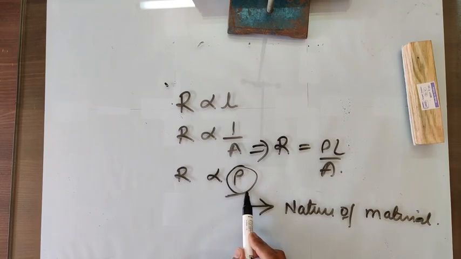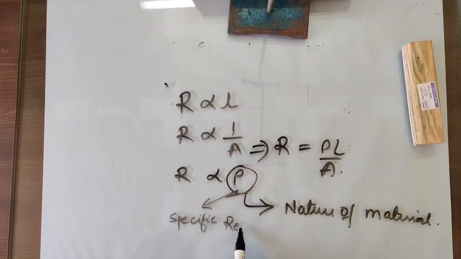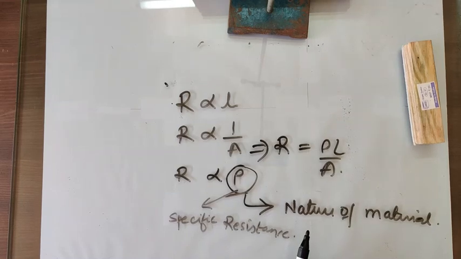Resistivity is also known as specific resistance. The resistivity or specific resistance of a material may be defined as the resistance of a conductor.